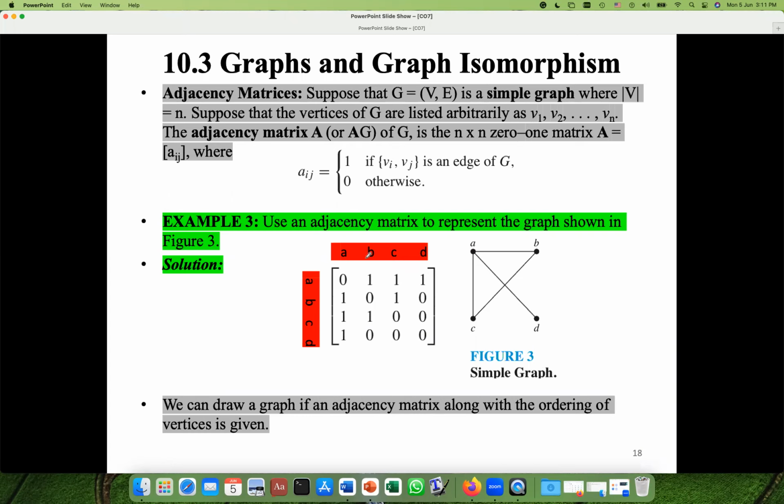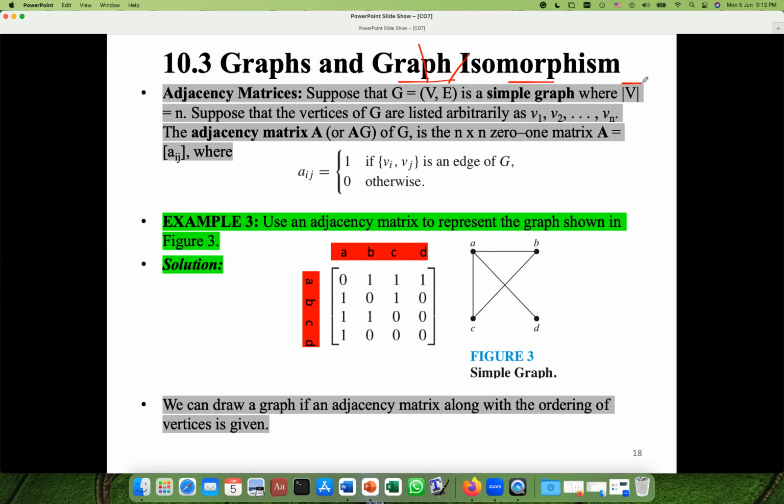This is simple. So suppose you have a graph G with a set of vertices and a set of edges, and it is a simple graph. Why simple? Because we don't want to go into complications. We want to understand the concept first, so that's why I always take simple graphs.